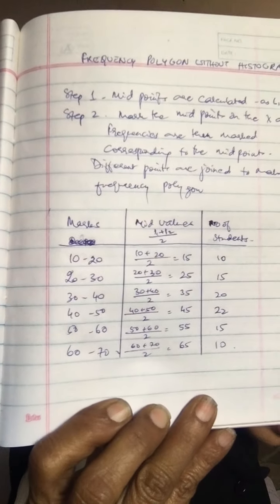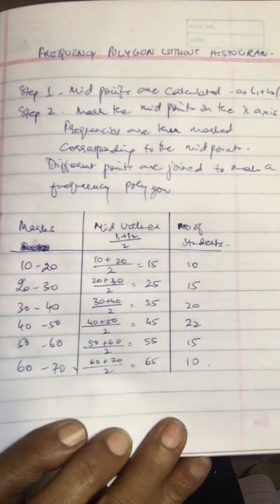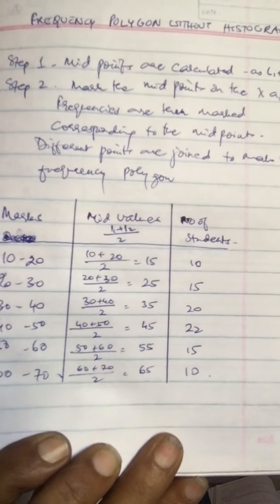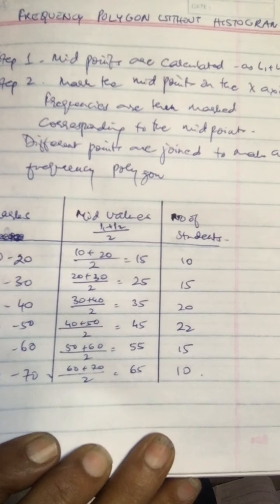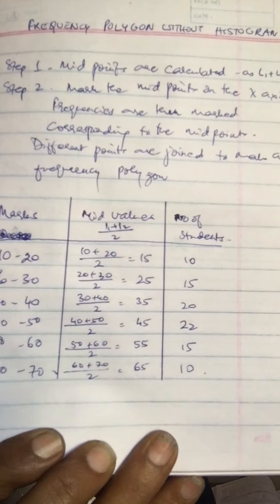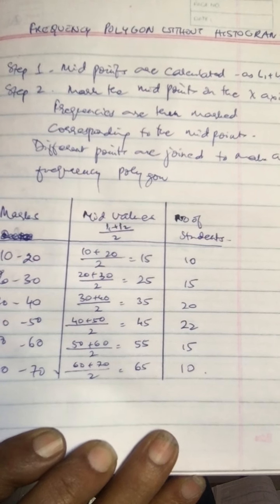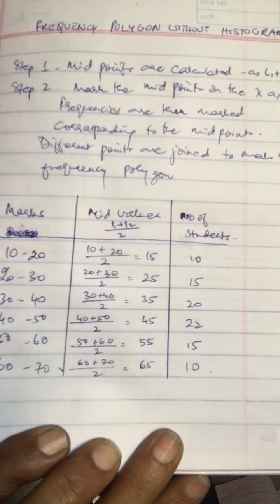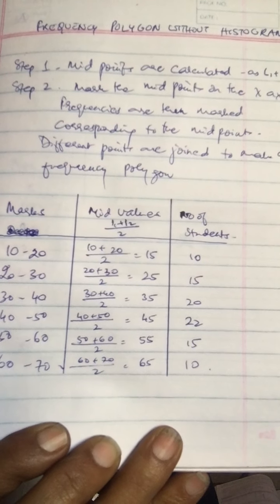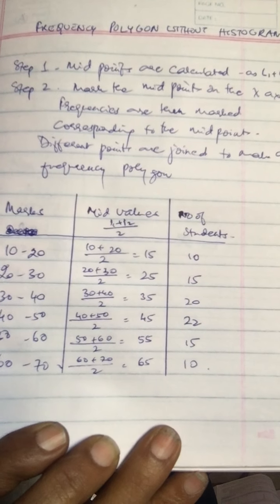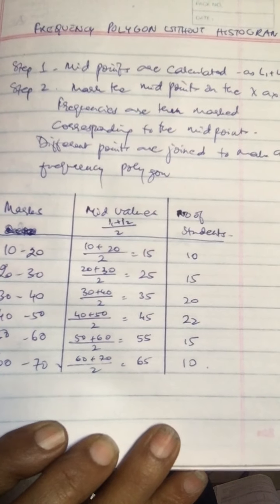So how do we work out the mid values first of all? Though we've done it earlier, let me reiterate. You take the lower limit plus the upper limit of the class interval, divide by 2. So here it is 15: 10 plus 20 divided by 2 is 15, and the number of students is 10.